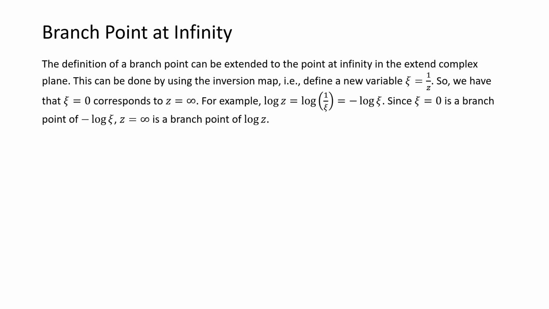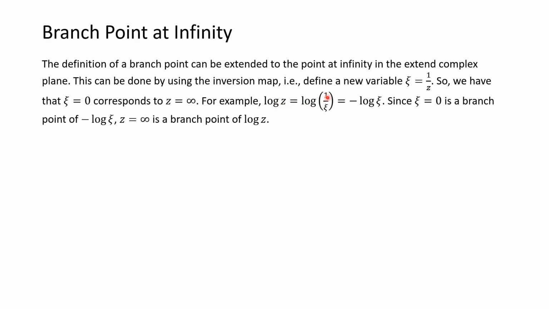It's also possible to consider the point of infinity as potentially being a branch point for a complex function. And the way we test for that is we use, in this case here, the Greek letter xi, and we set that equal to 1 over the Roman letter z. And note that when the Greek letter xi equals 0, the Roman letter z equals infinity. So it's easier to test for 0 here. So taking our example, we have log of z.